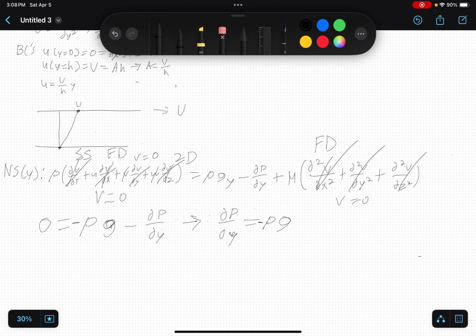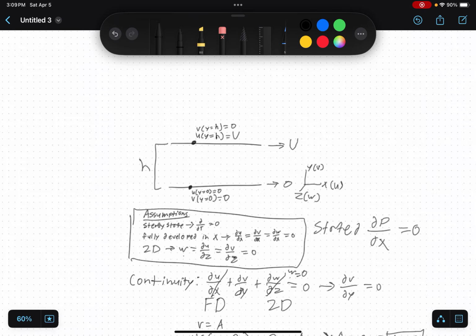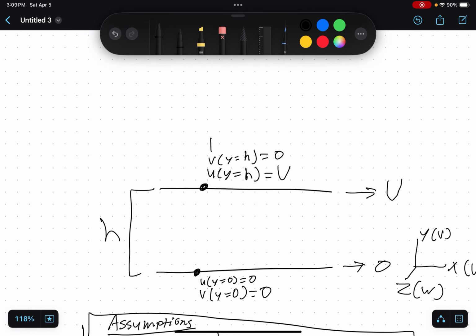Okay, now we can integrate it. You have to add the constant. In calc, they teach you plus c, but no one really cares what it is. You can add whatever you want. Okay, now let's also assume that the pressure at y equals h equals 0.